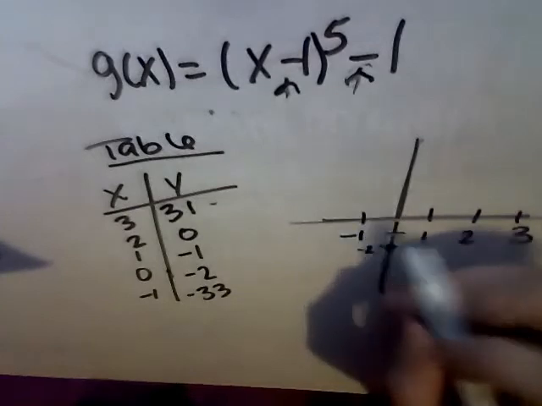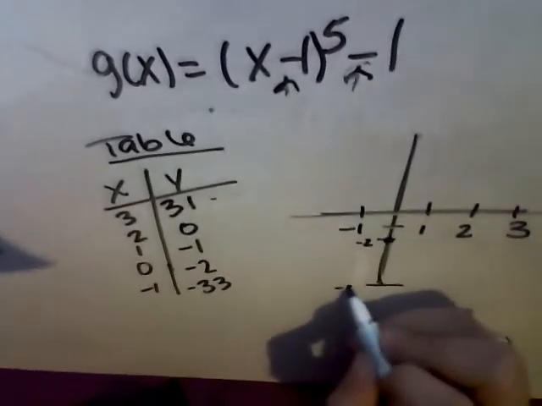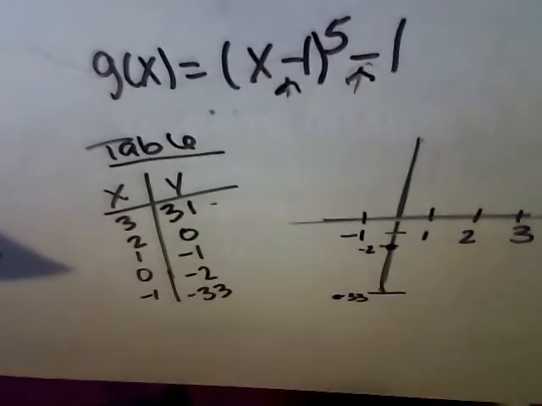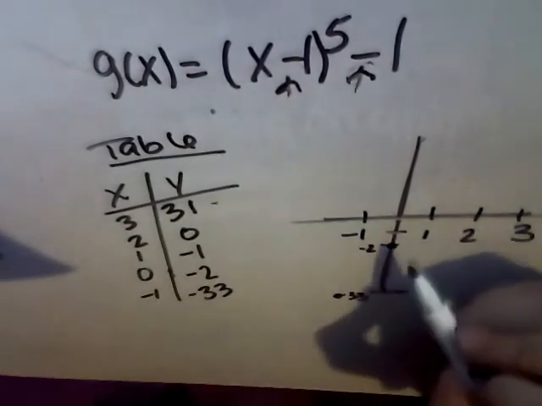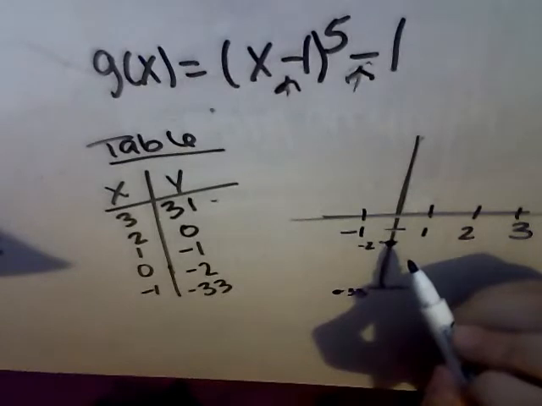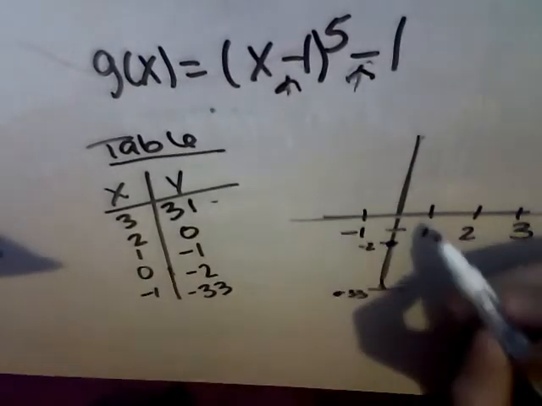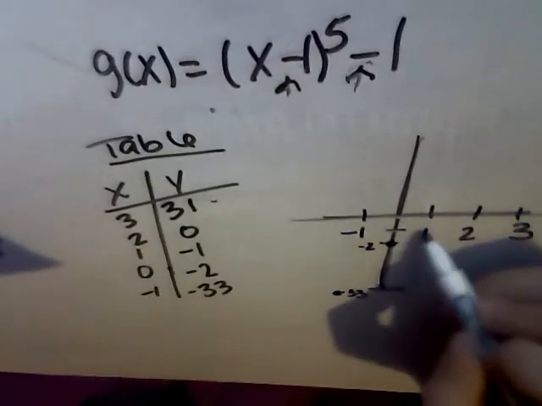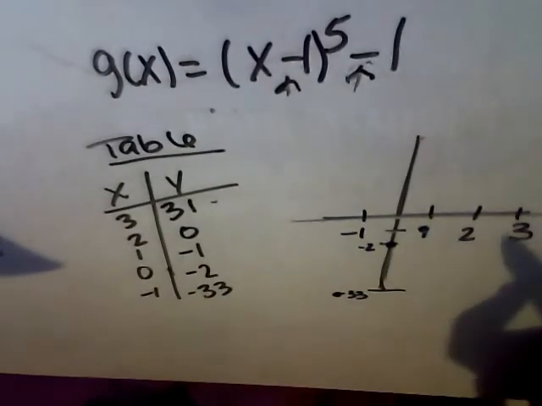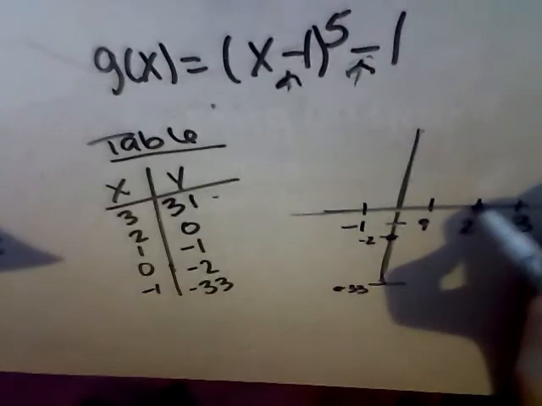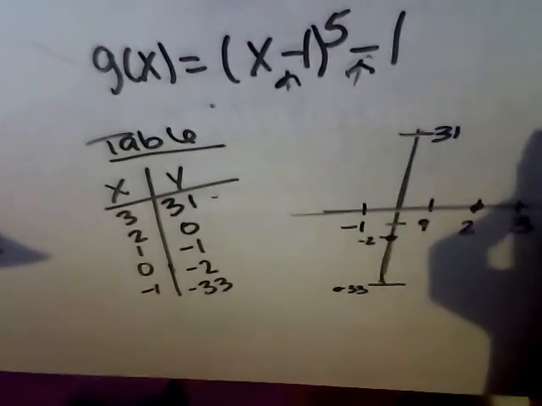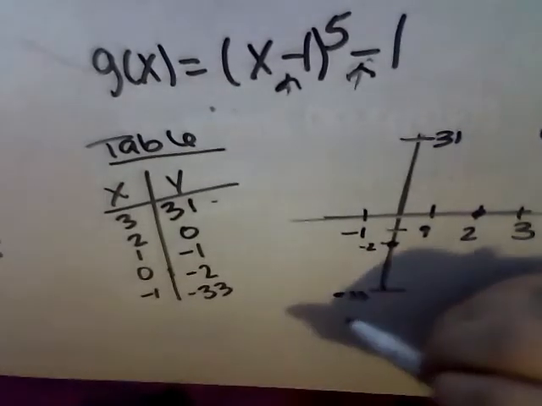For negative 1, we have negative 33. I'll just make this negative 33. There you go. And then for 1, we have negative 1. 2 is 0. And 3 is 31. We'll just make 31 right there. Then you graph it.